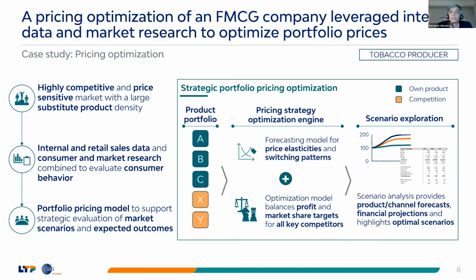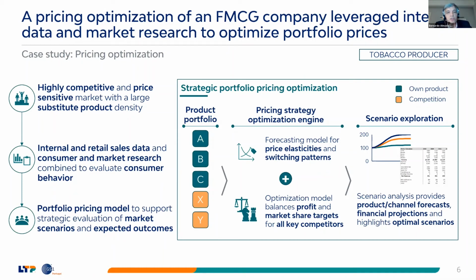And what we actually did, we ended up having a pricing optimization model. First, we tried to forecast price elasticities, the substitution behavior between products. So every time I increase the price of one product, this will affect the demand of the remaining products. And then we optimize the prices.